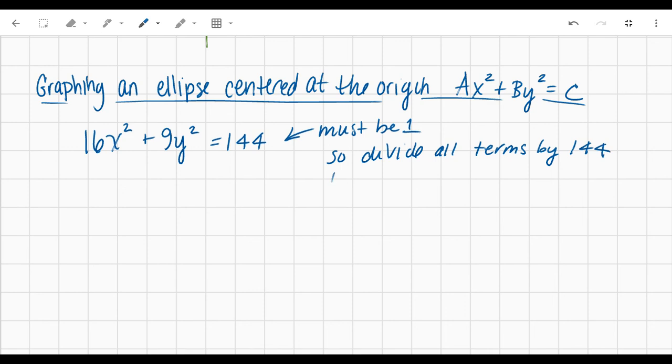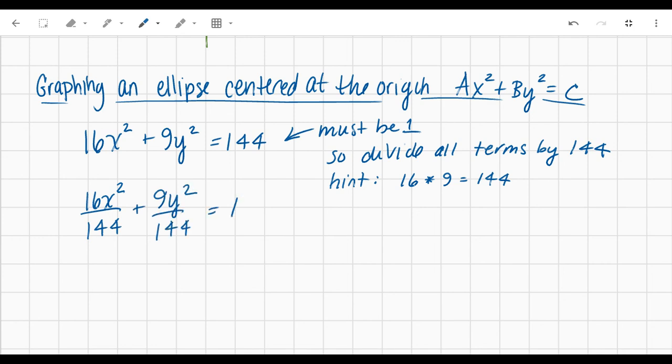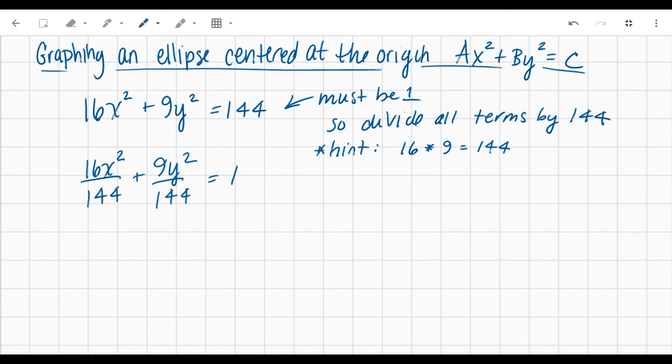Okay, and let me give you a little hint here that you'll see a lot. 16 times 9 is 144. Okay, so we're going to get some stuff that reduces here. So if we divide by 144, we'll have 16x squared over 144 plus 9y squared over 144 equals 1.